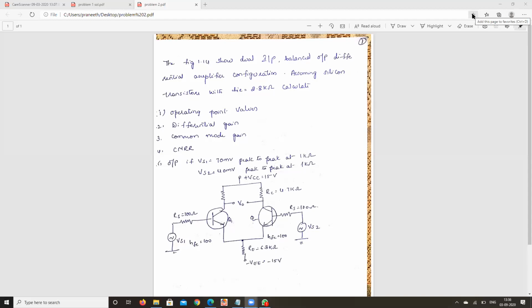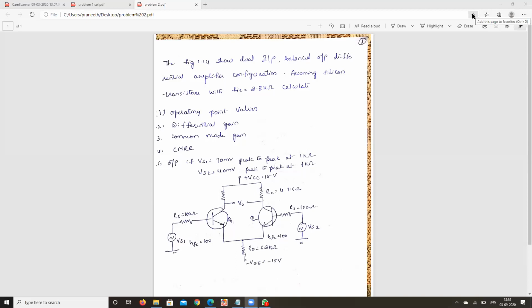It is asked to calculate the operating point values, that is ICQ and VCQ. Differential gain AD, which is V0 by VD. Common mode gain AC, V0 by VC. CMRR: if you know differential gain and common mode gain, you can find out CMRR.